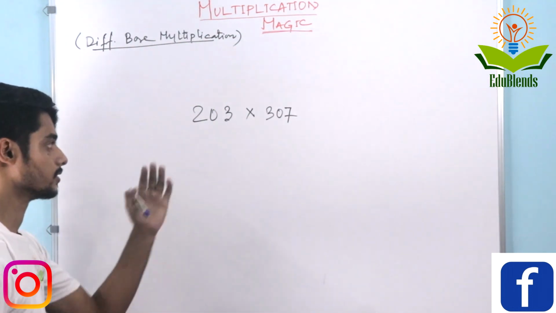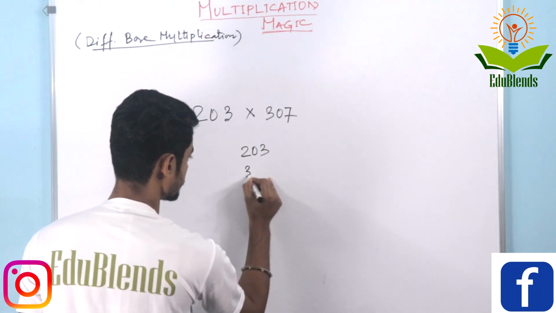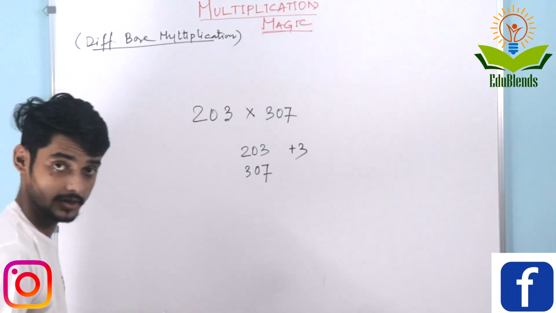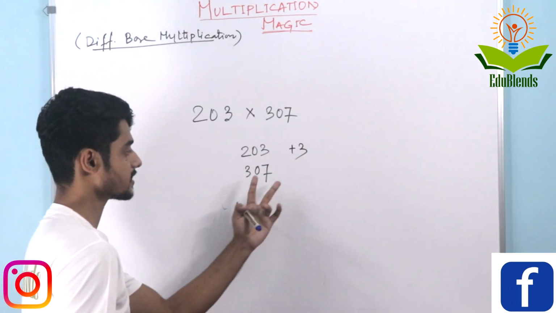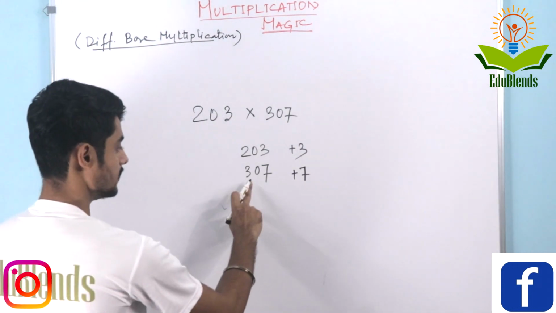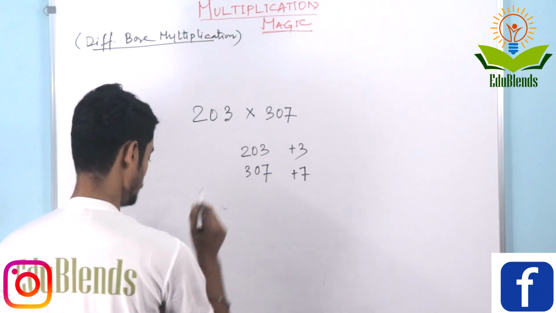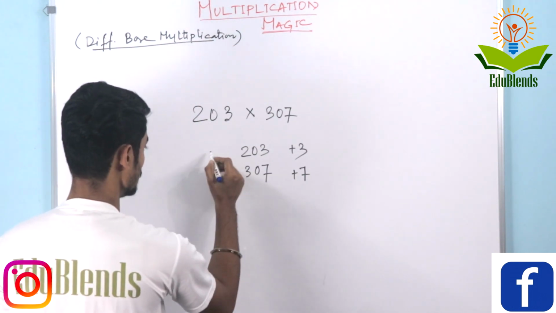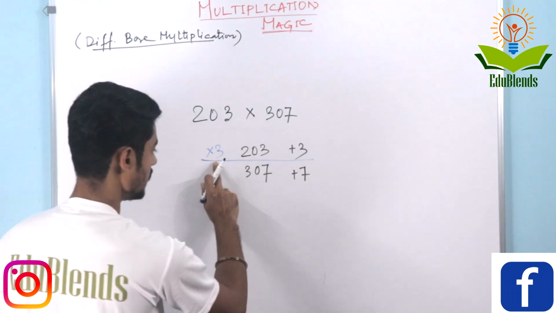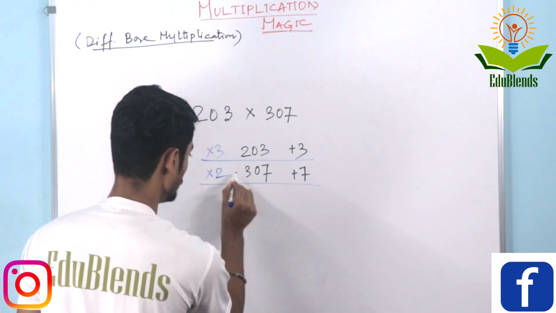What we need to do, see, this is 200 plus 3, and this is 300 base plus 7. This is 100 into 3, 300 base. So you need to multiply the whole number into 3, or if we consider this, the whole number multiply by 2.